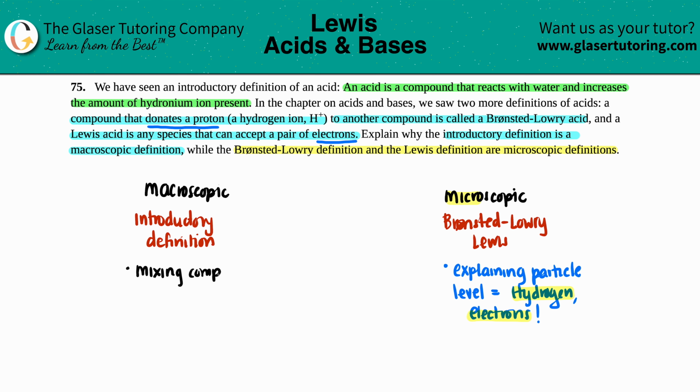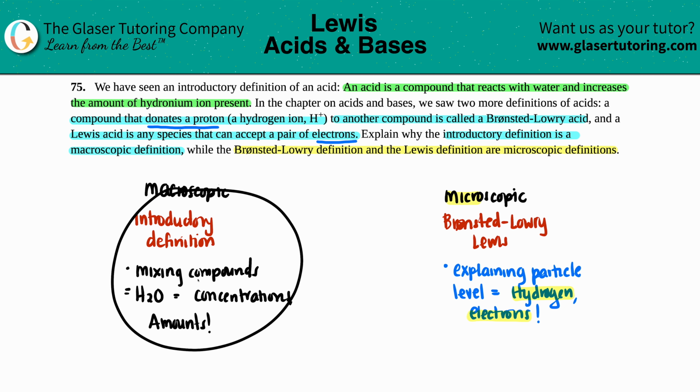We can see that. And generally speaking, when we're talking about mixing compounds, especially with water, we're dealing with concentration values, and we're dealing with actual amounts. How concentrated an acid is, right? When you're mixing it with water, or when you're mixing an acid with a base.